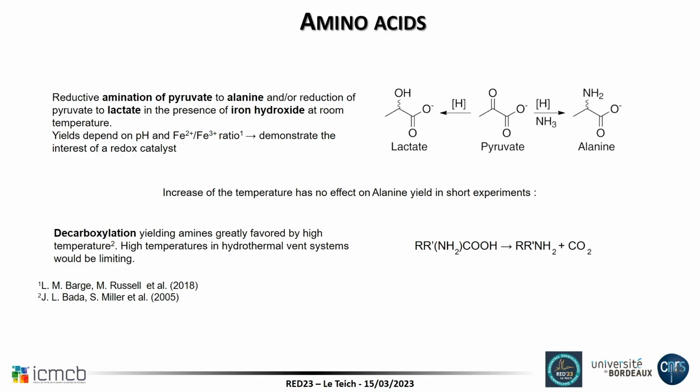And through a decarboxylation process that can occur also at high temperature, that could work, but depending on the temperature system, I'm getting back to what are the temperatures that we need to consider for late Hadean, early Archean vent. If you go to too high a temperature, this step is clearly limiting, so you get back to the reverse reaction.